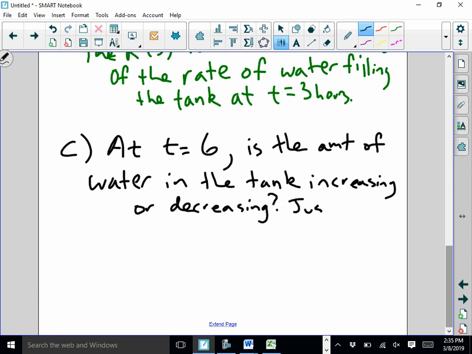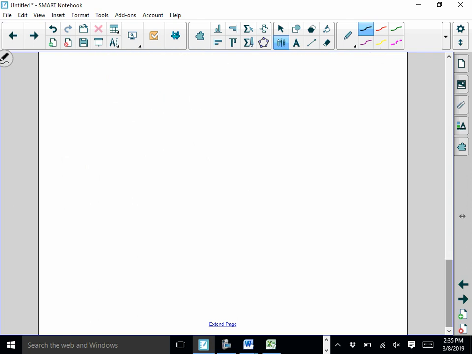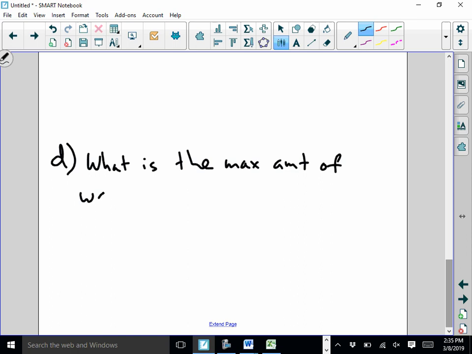Okay. Part D says, what is the maximum amount of water in the tank during the first 8 hours?